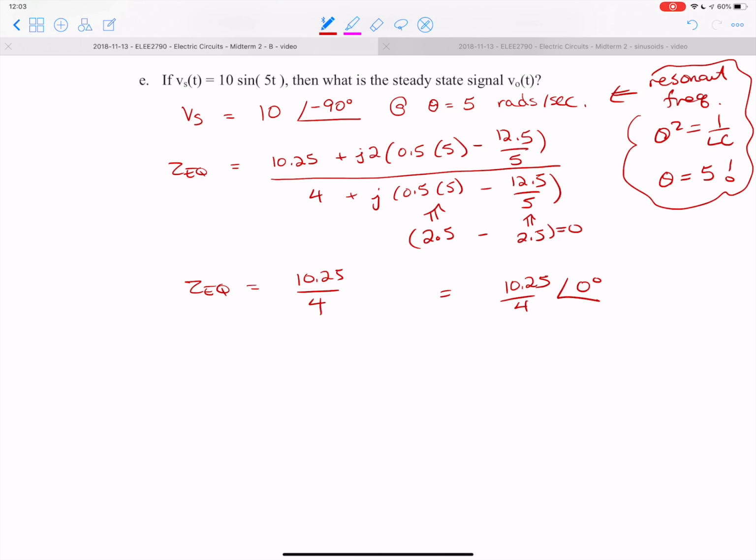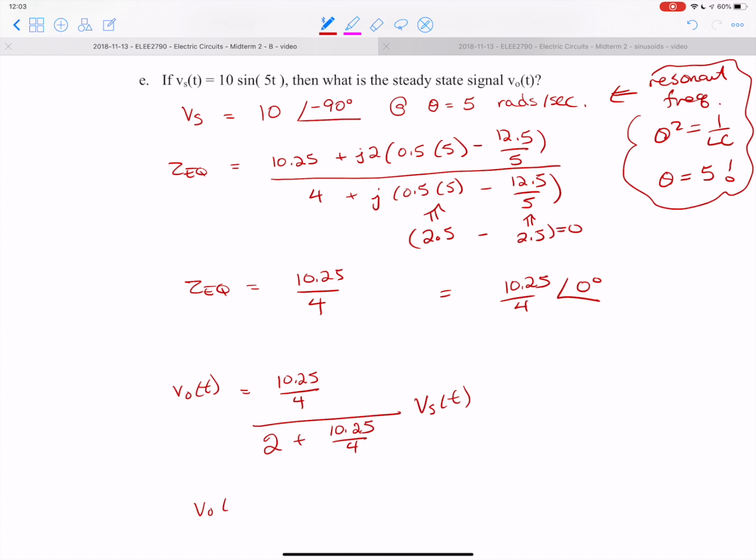As such, if we want to calculate V naught of T, it is simply equal to 10.25 over 4, over 2 plus 10.25 over 4, times Vs of T. And we can simply take this fraction, multiply it out, or leave it as a fraction.